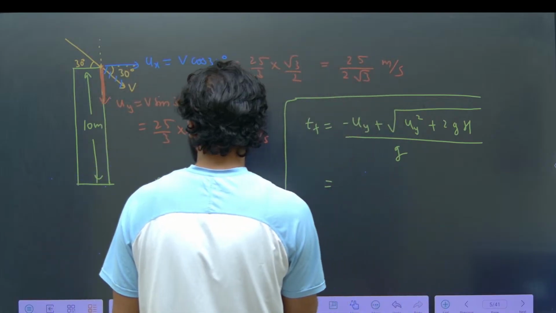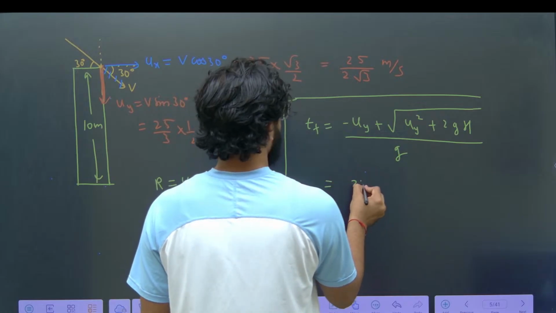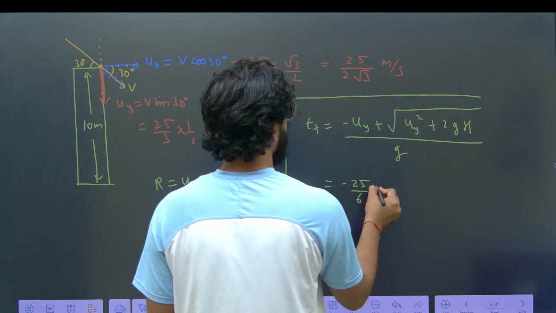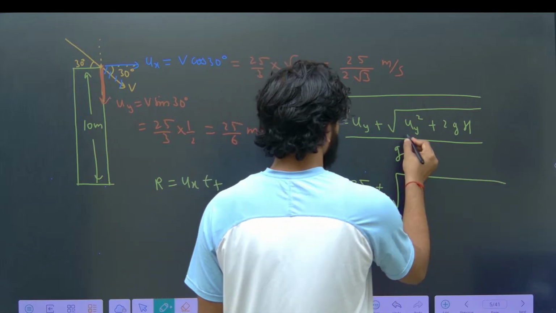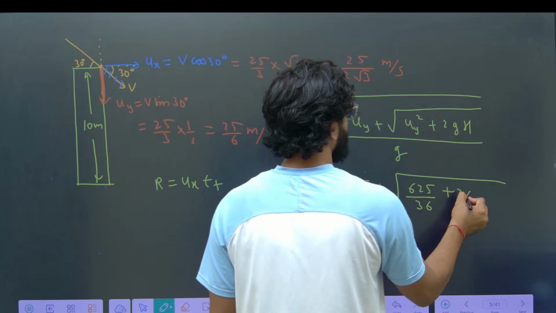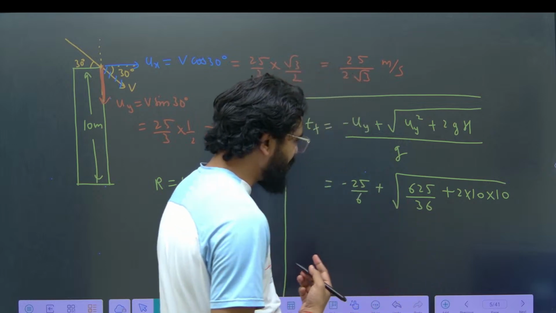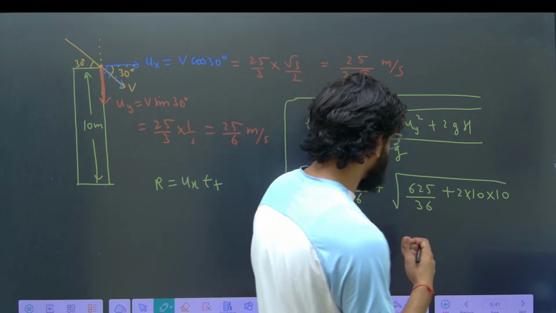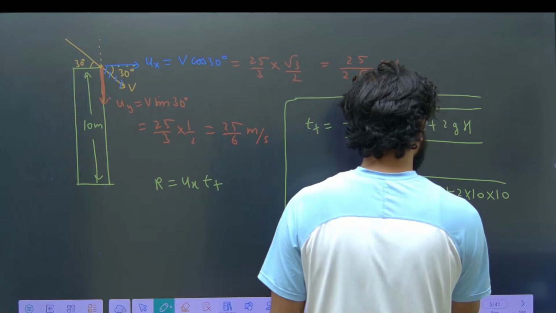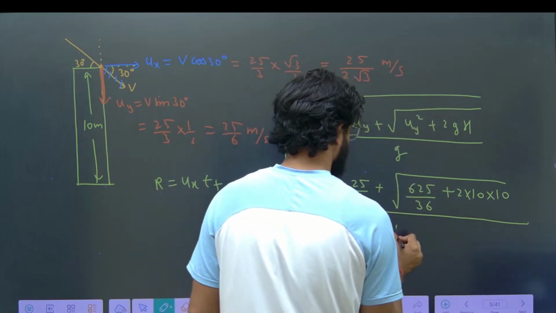So it will be 25 by 6 with negative sign plus under root, 625 upon 36 plus 2 into 10 into 10, which is 200, upon 10.